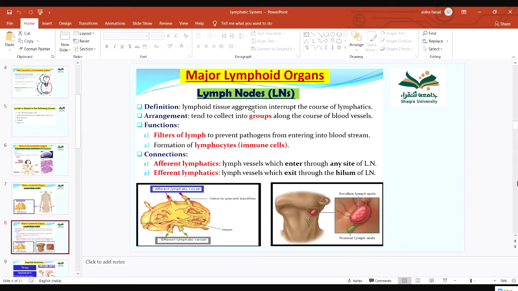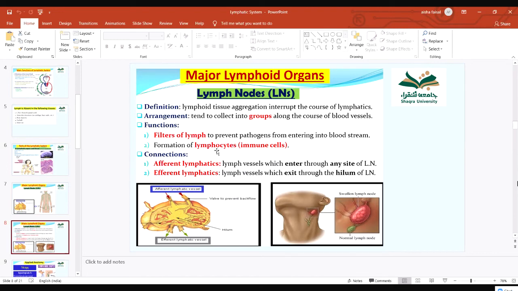These lymph nodes are rich in macrophages, T lymphocytes and B lymphocytes. These cells will act and kill the pathogen in the lymph and make the lymph sterile, so that no pathogen gets access to your main bloodstream. Also, it is not involved in production of the lymphocytes.